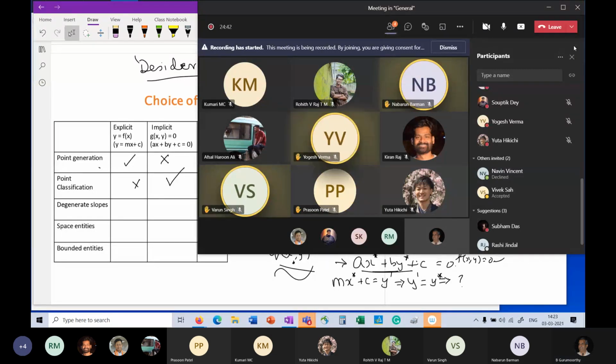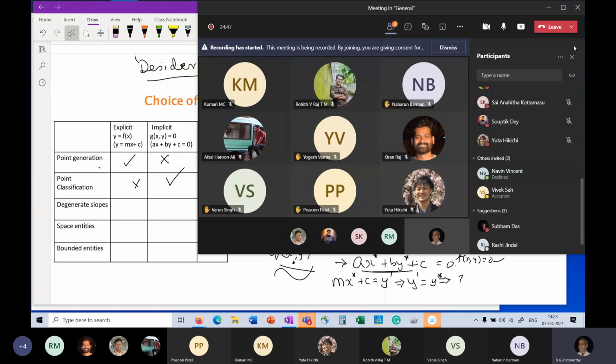Okay, let's flip the choice. How many of you think that the implicit form is best suited? Okay, I see 1. Anybody else? You had turned it on, but I think it's the explicit form.